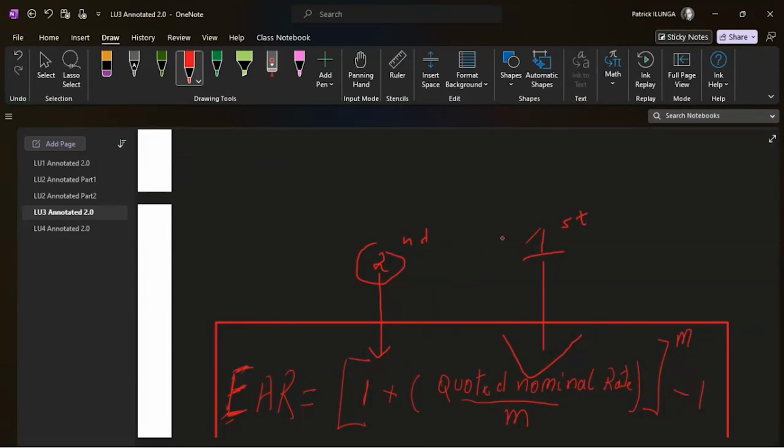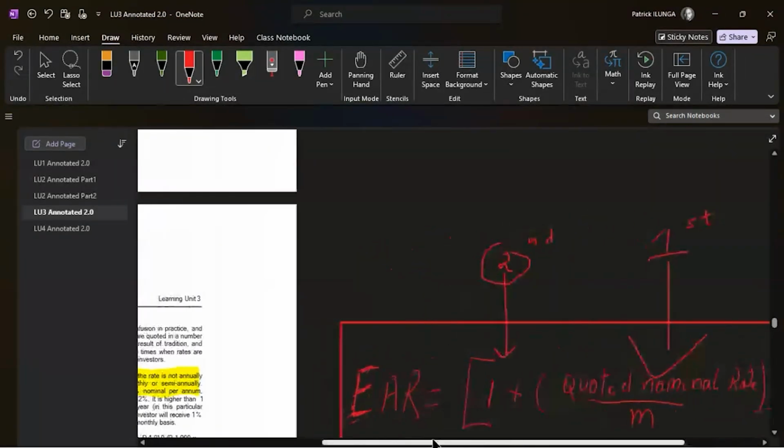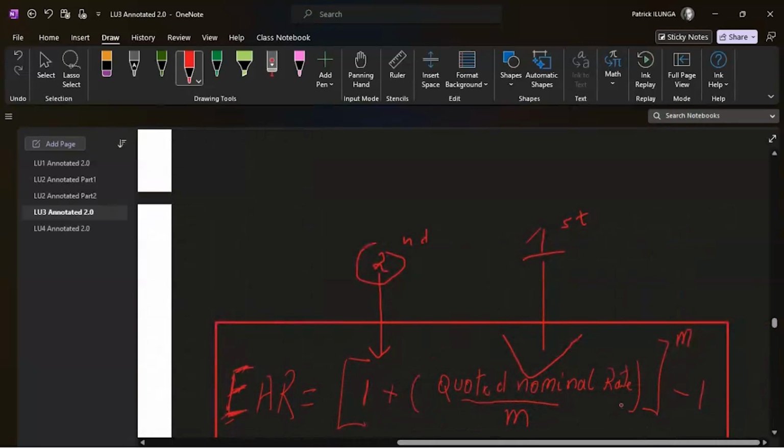Okay, let me see if my stylus actually is working. And your third step. All right, my stylus is working. This is faster because I can write with a pen. And your third step here is this one. Third step. It's faster like this, huh? To have a pen is really faster.